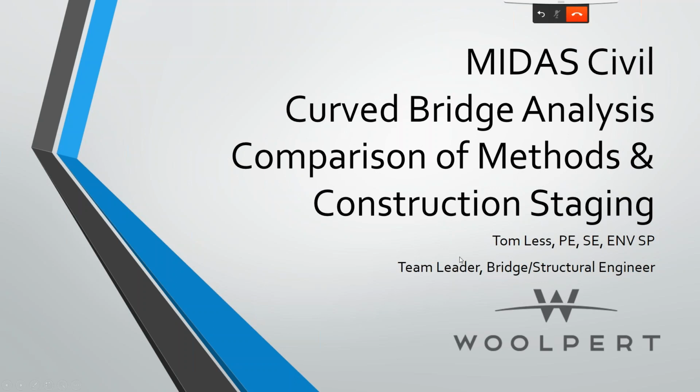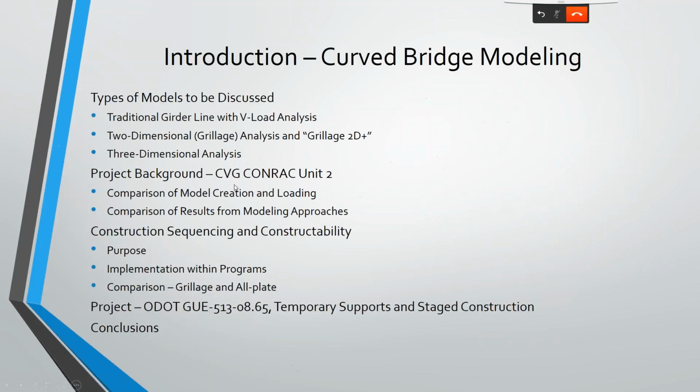So we'll be talking about curved bridge analysis, a comparison of different methods, and construction staging, which is becoming a more important topic for many of our structures. A couple of things that we'll talk about are a traditional girder line analysis with V-load as a preliminary engineering method, a two-dimensional grillage analysis, and what I'm calling a grillage 2D plus or partial 3D, and then a full three-dimensional analysis.